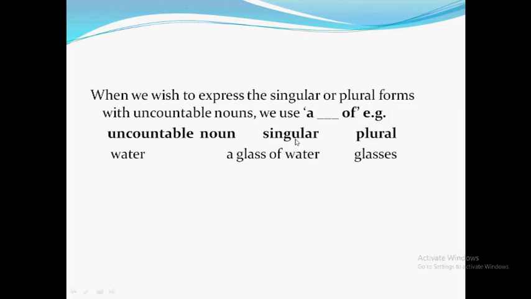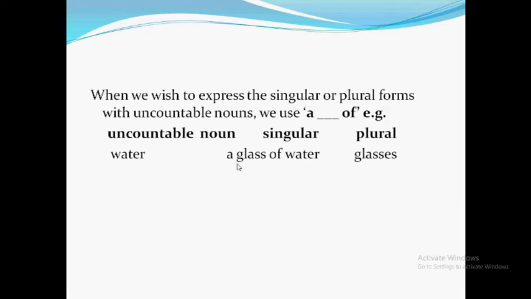And this is a singular form. When we wish to express it in plural form, we are going to say glasses of water. So for this, we can say 2 glasses of water, 3 glasses of water, and many others.